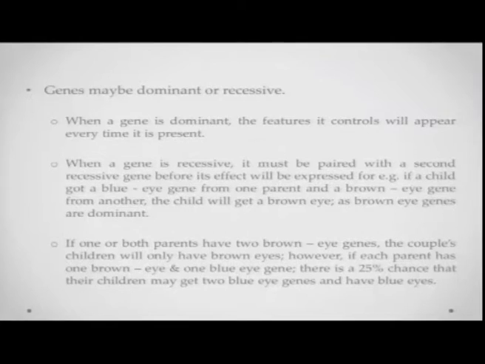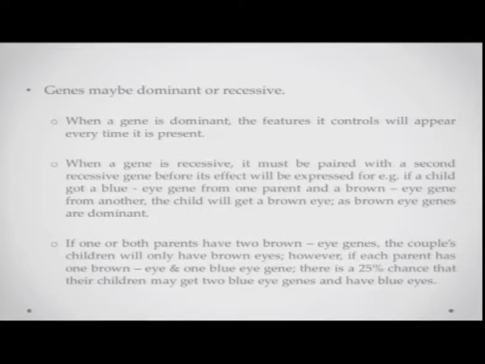For example, if a child gets one blue eye gene and one brown eye gene from the parents, the child will always end up getting brown colored eyes, because the brown eye gene is the dominant gene. So it will express itself every time it is present in the genetic makeup of somebody.